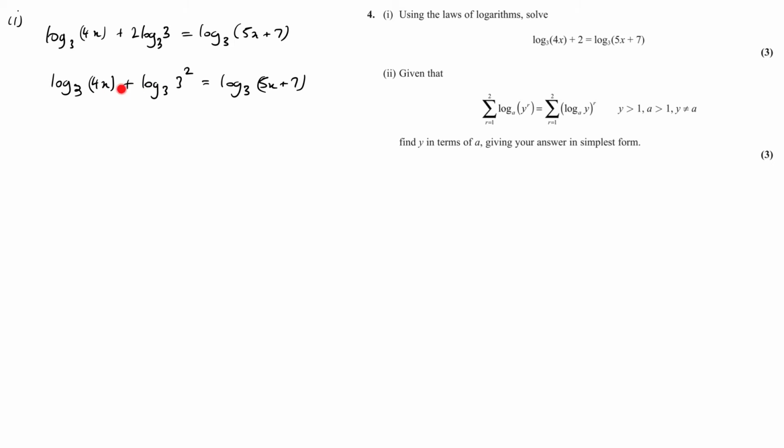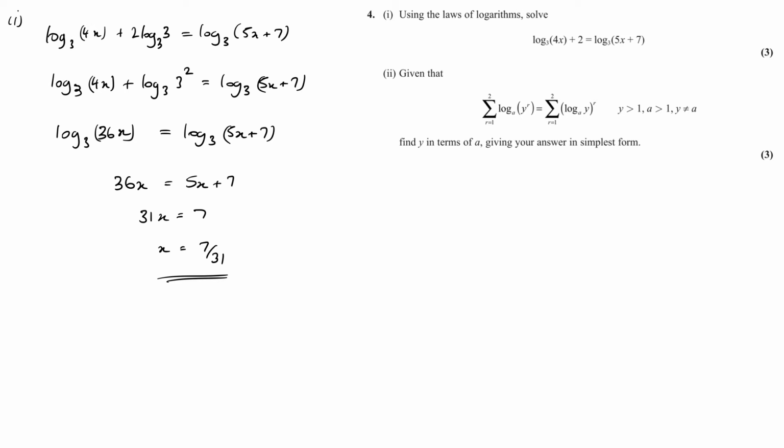Now I can put these two together by multiplying, because this is an add, so we get log 3, and it's 3 squared, so that's 9 times 4x, so that is now 36x, equal to log 3 of 5x plus 7. That means 36x must be equal to 5x plus 7. 31x equals 7. x equals 7 over 31.